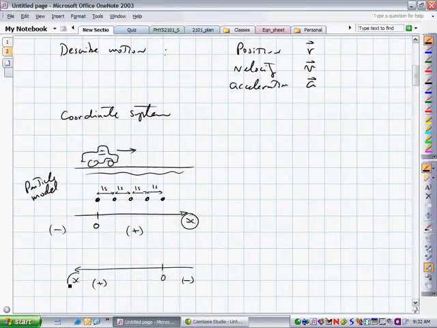So where you position your x, the label, shows the positive of the axis.